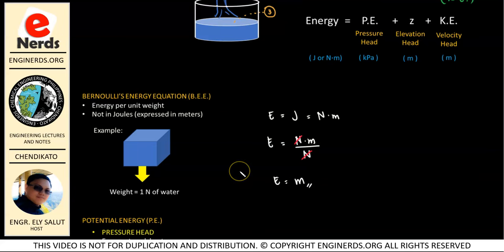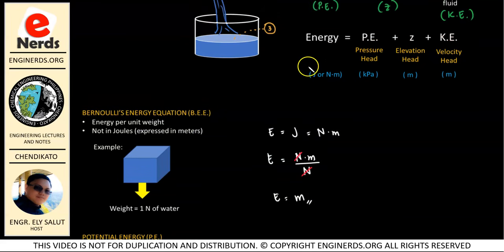Okay, so we have to understand that when we use Bernoulli's energy equation, we are calculating the energy per unit weight. Kaya lahat ng unit natin dito will be in meters. So, ngayon alam na natin that this will be in meters. Okay, we already know that based from this because yung energy kapag dinivide natin sa unit weight, you will have meters as a unit. Okay?